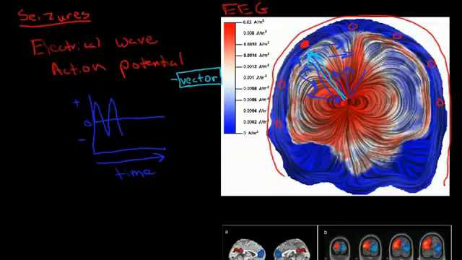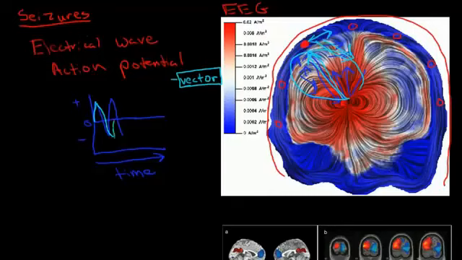So in any given moment, if you take all the action potentials that are happening near this electrode, and the vector is pointing towards that electrode, it's going to cause a positive deflection. If the average is pointing away from that electrode, it's going to cause a negative deflection. And if the average is neither pointing towards nor away from it, it's going to end up in the middle.